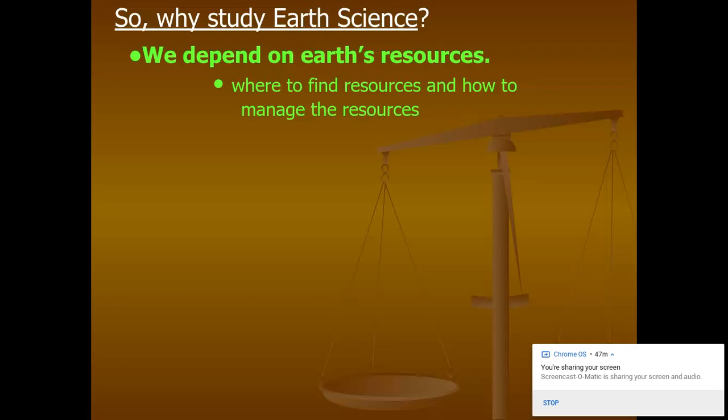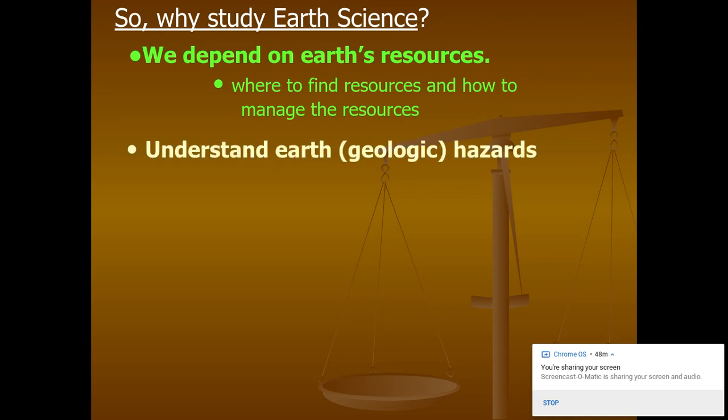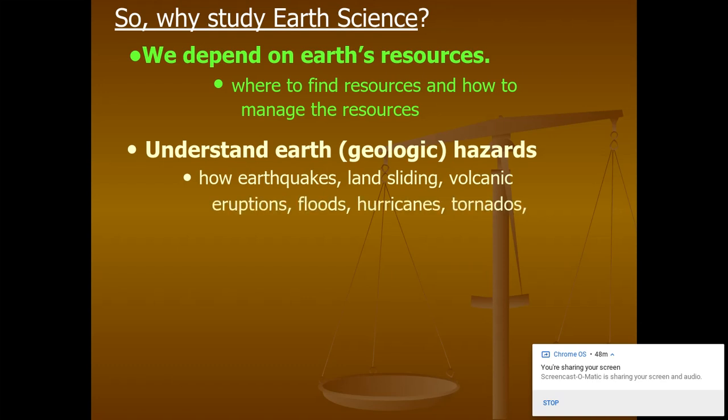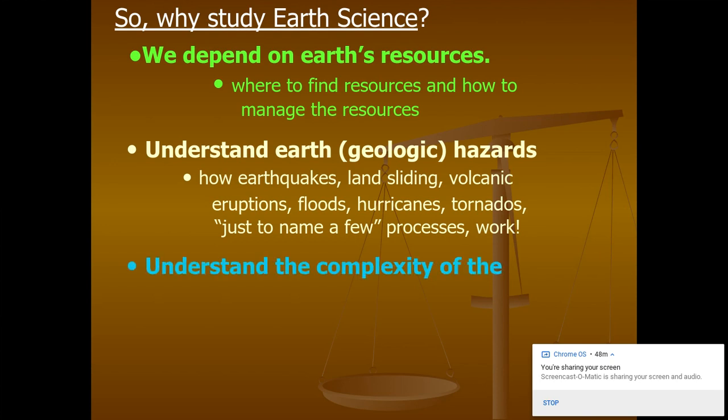And so by understanding the processes of Earth science, we can, again, manage and find resources, understand geologic hazards on Earth, how earthquakes, landsliding, volcanic eruption, floods, hurricanes, and tornadoes, just to name a few processes.